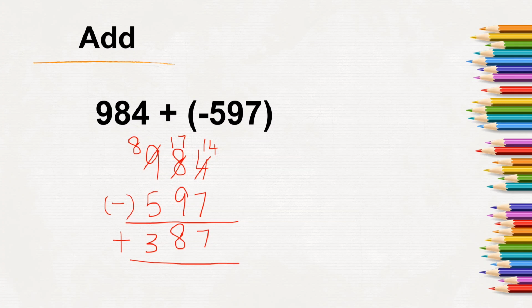You will have 387 candies left. So that's the answer, right? So you still have 387. All of the toffees are not taken away from you. So plus 387. 387 candies are left after giving away 597 of them.